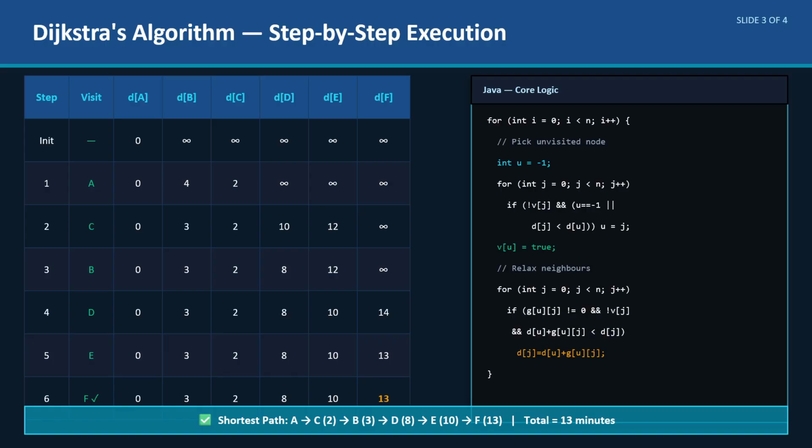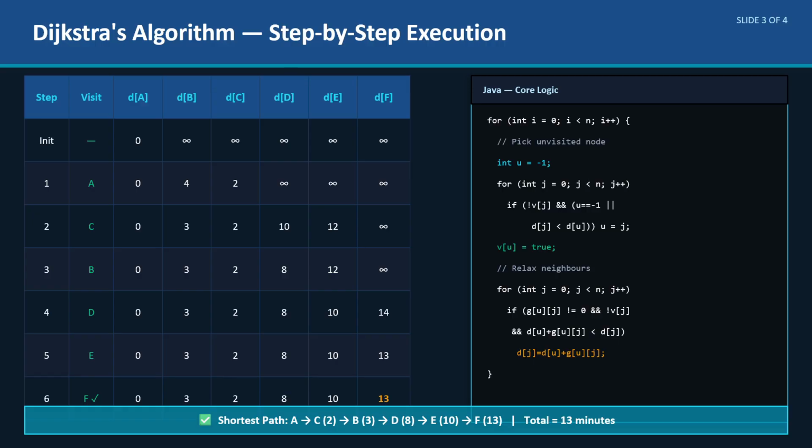We start at A, distance B gets 4, C gets 2, and everything else stays at infinity, right? And the nearest unvisited is C with distance 2, which means the smallest. We visit C, and through C, B gets updated to 3.